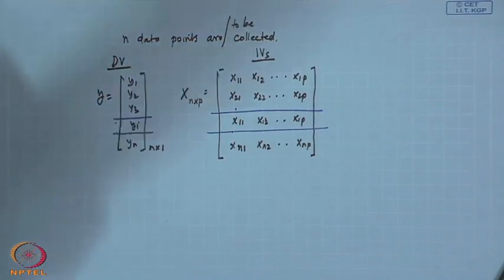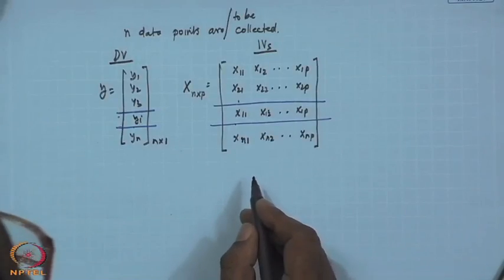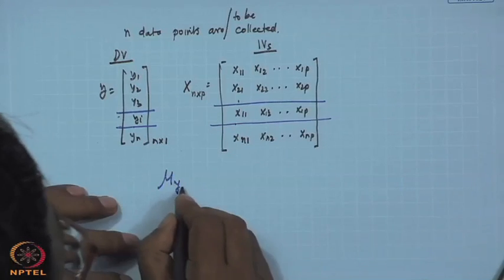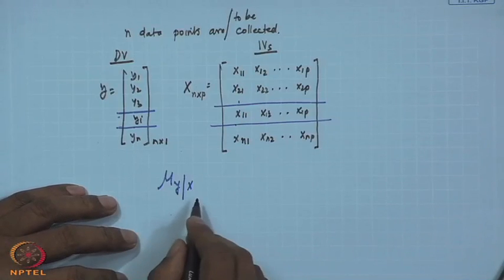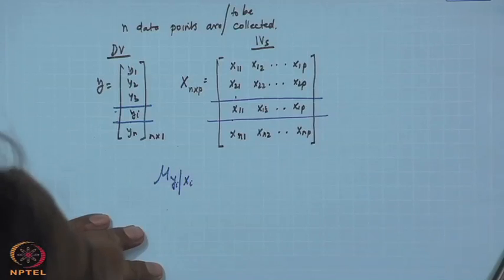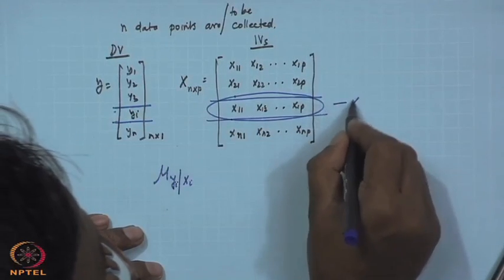So, it is a conditional y. We also write this as mu of y given x. In general, we will write mu of y given x. If I say yi, then given xi, where xi is the ith observation.